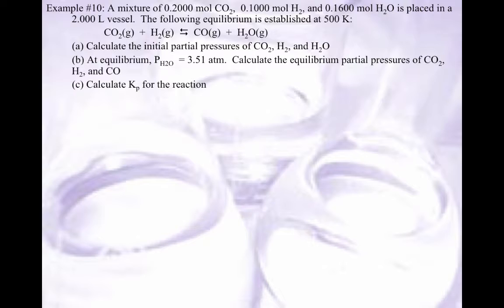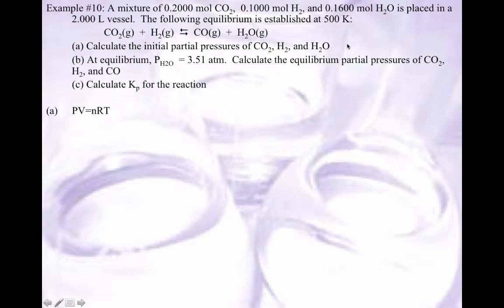So first thing we have to do is calculate the initial partial pressures. So we want to calculate partial pressures of CO2, H2, and H2O. Let's think about what we're given. We're given moles, we're given volume, and we're given temperature. We have N, V, and T. What could we use to calculate partial pressures for each of these?